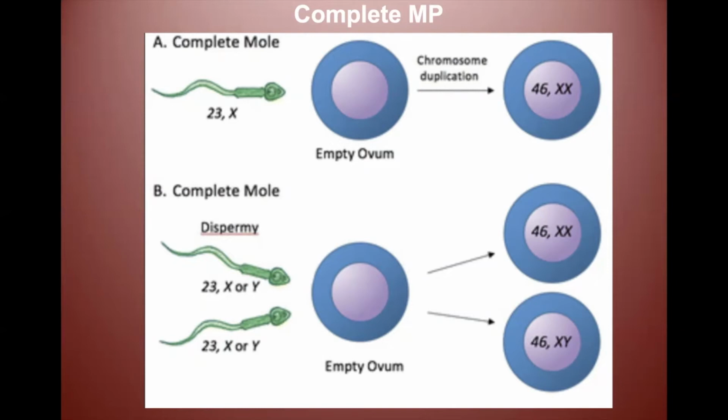But there are very rare cases: about 10% of complete moles have a 46XY karyotype. The 46XY complete mole arises from fertilization of an empty egg by 2 sperm, while chromosomes in a complete mole are entirely of paternal origin. The mitochondrial DNA is of maternal origin.